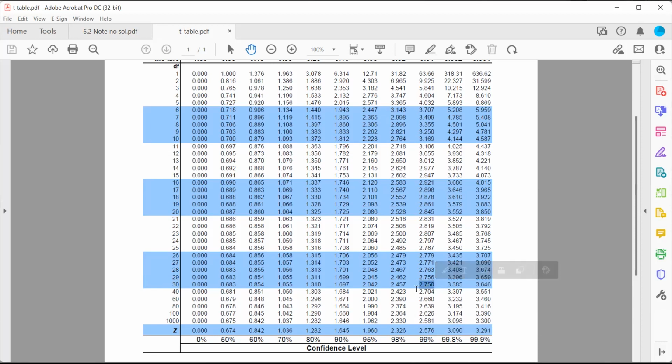If you're using 40, it's going to be 2.704. You can find the average between these two numbers as well. But again, if you don't have the exact value, use the value closest to the degrees of freedom that you have. For example, if I use 40, it's going to be 2.704.